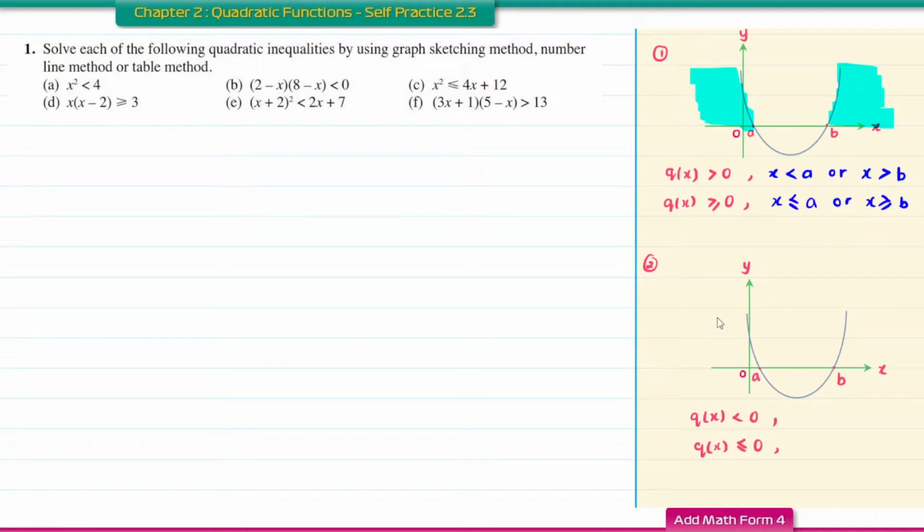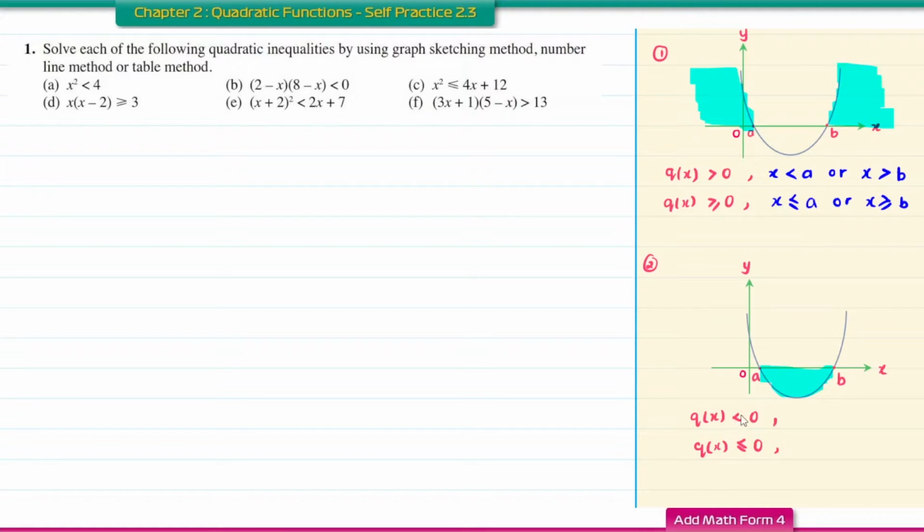And for number 2, this is the graph that you get. a and b are the roots of the equation. If your quadratic equation is less than 0 or less than or equal to 0, then the range of values of x on the graph will be determined below the x-axis. So the range of the value of x will be in between a and b.